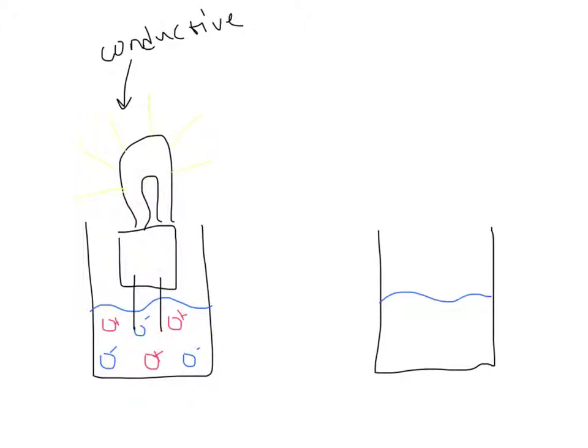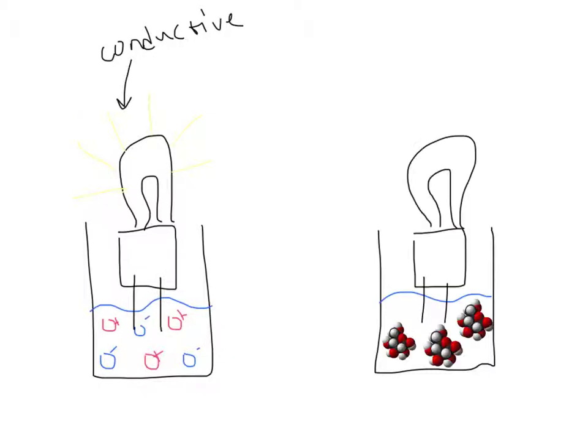If you try to do the same thing with sugar molecules involved, and let me place the sugar in there. If you try to place the same conductivity meter in this sugar-filled solution, because the molecules of sugar are all neutral and they don't have a charge on them like the ions here, no light is going to be emitted from this light bulb.